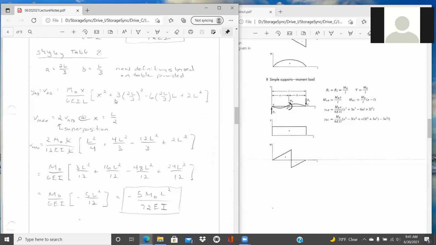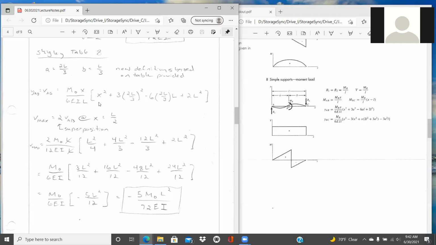And so you would have to take that forward from that point and take into account the second moment being applied so that you could finish out that displacement as a function of X for that left-hand side.